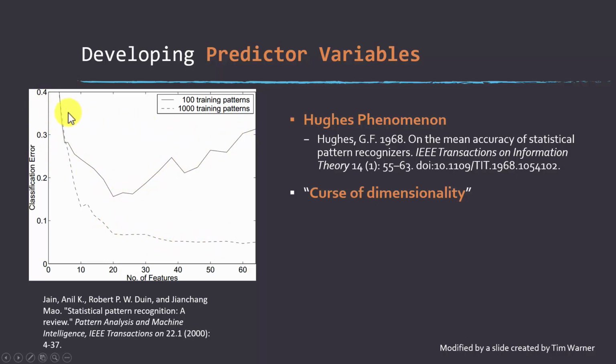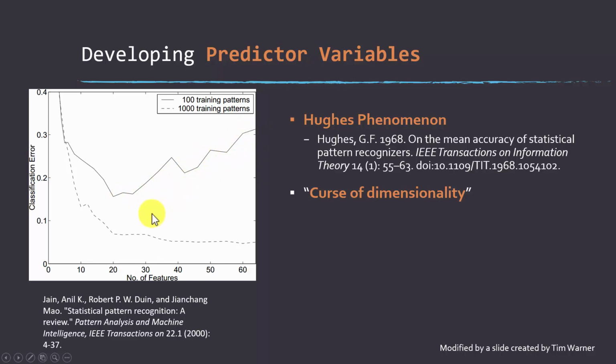For both lines, we see a decrease in error initially, and then the large sample size tends to decrease and then eventually level off. In contrast to that, the training with the smaller sample eventually levels off and then it begins to increase. So the model's actually doing worse as more features are supplied to it.